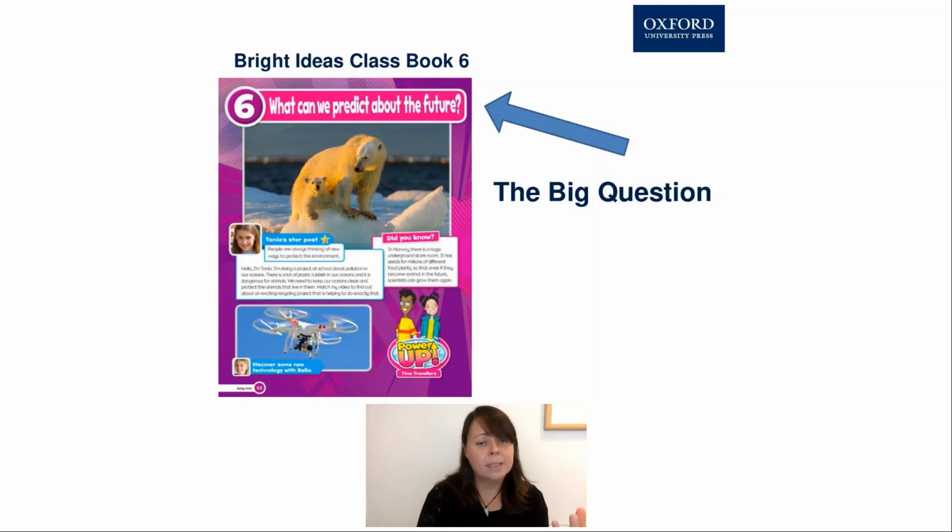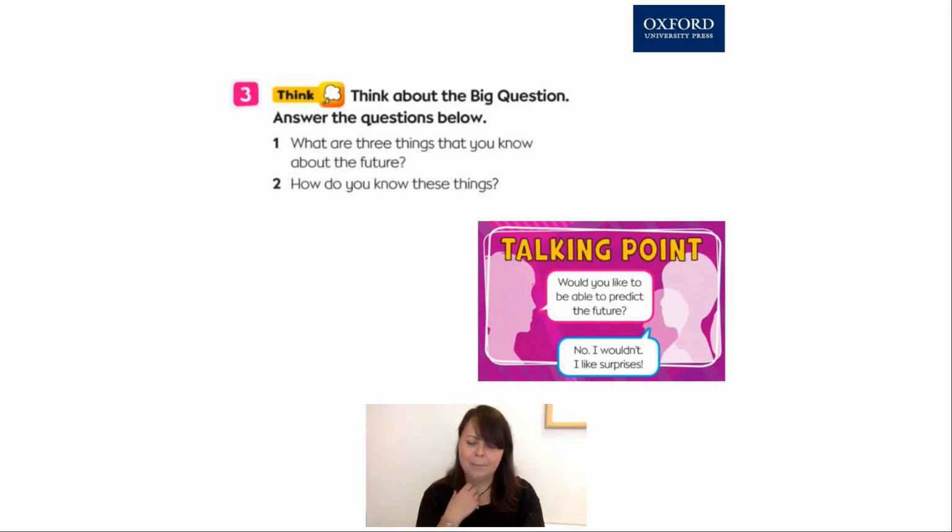So in series like Big Ideas, students are asked these big questions, and this is where they hypothesize and evaluate all those CALP skills. They then have a thinking section and a talking point.